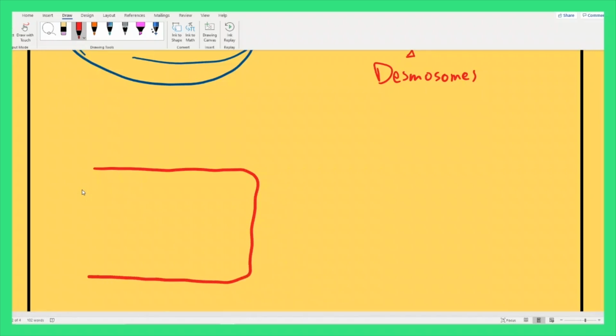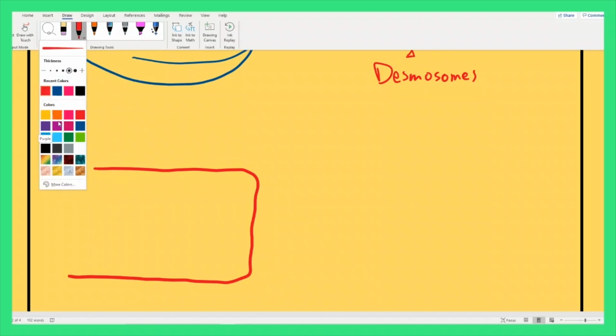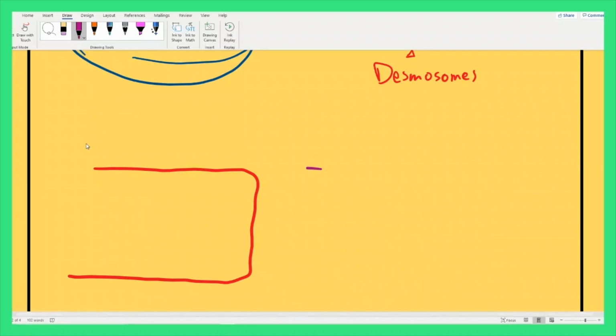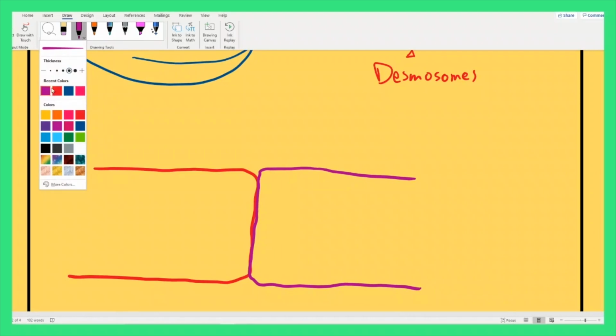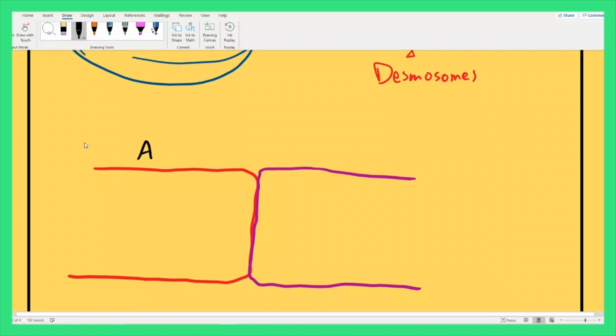Let me draw for a little while, and then you can pause and catch up. I'll use two different colors. What we've got is two neighboring cardiac muscle cells, cell A and cell B, sitting right next to each other.